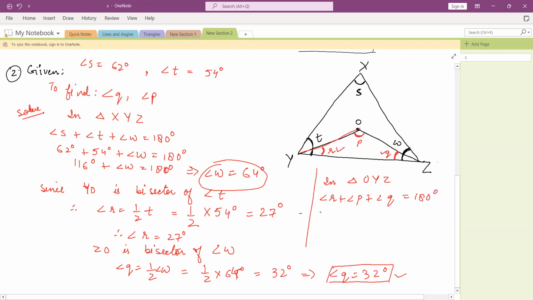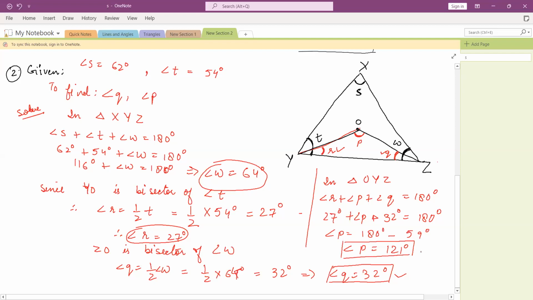Put the values here: 27 plus angle P plus 32 degrees is equal to 180 degrees. So angle P is 180 minus 59 degrees, and angle P will come out to be 121 degrees. So we have found both angle P and angle Q.